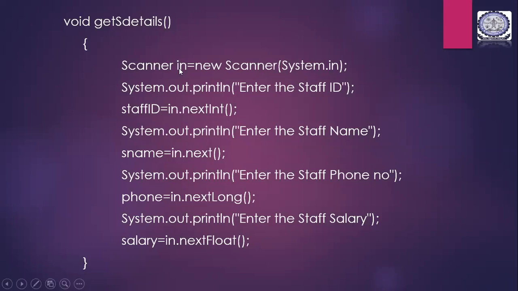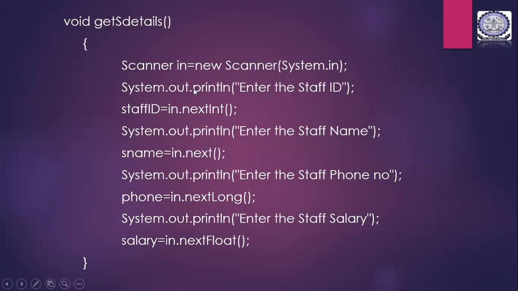You can see here where my mouse points. In is the object name. So we have the Scanner. For the Scanner class, we have defined a new class object called in. And we are giving a memory location for this in by giving System.in.